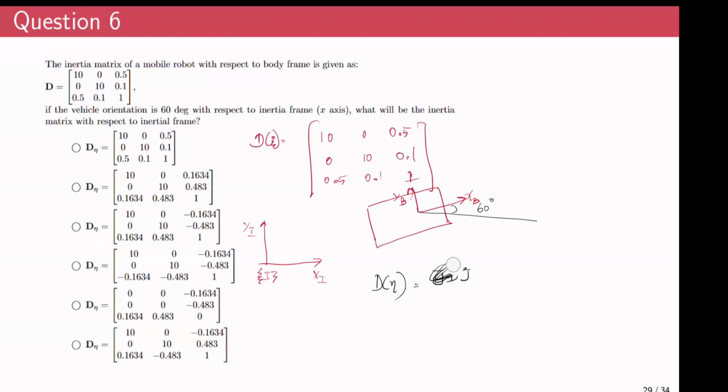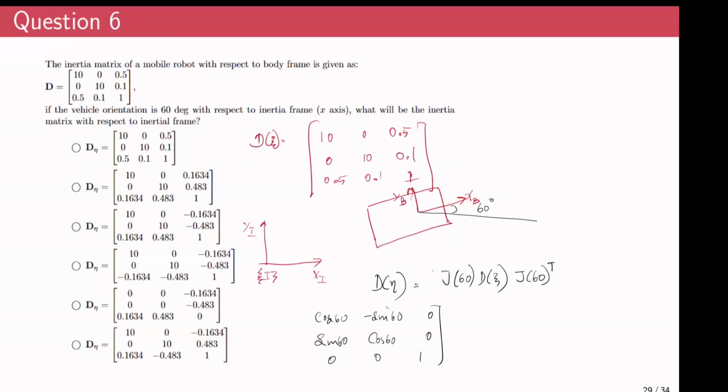We derived this expression from the conservation of power: J of 60, M of theta, J of 60 transpose, right? This J is nothing but the rotation matrix that accommodates this orientation between frame B and frame I, right? So if you put the numerical values, it will be like cos 60, minus sine 60, 0, sine 60, cos 60, 0, then 0, 0, 1.